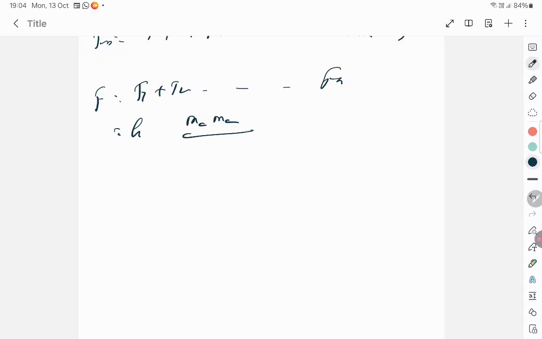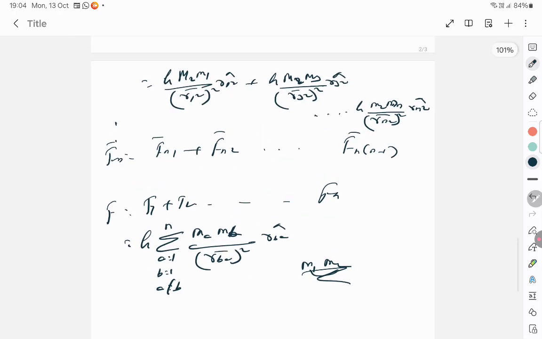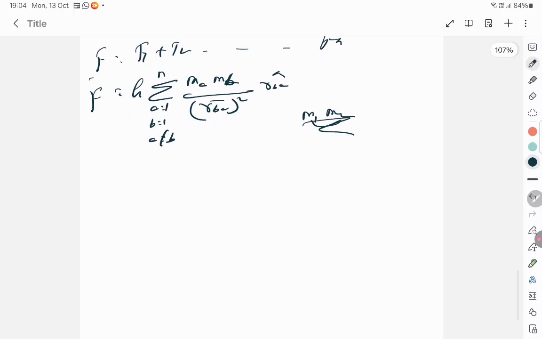So I'll write MA MB by RBA vector the whole square into RBA cap with a summation, where A ranges from 1 to n and B also ranges from 1 to n. But A is never equal to B. Obviously, if it is M1, there will be M2; 1 and 1 are never equal. Summation means you're going to add all this. So this is called superposition of forces.